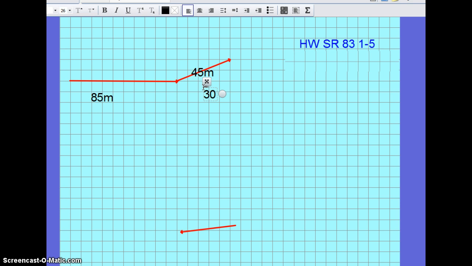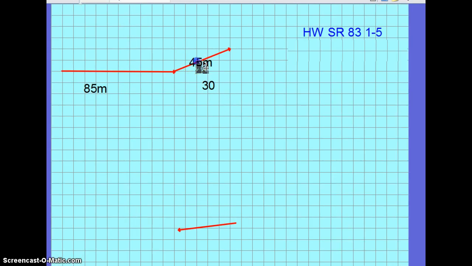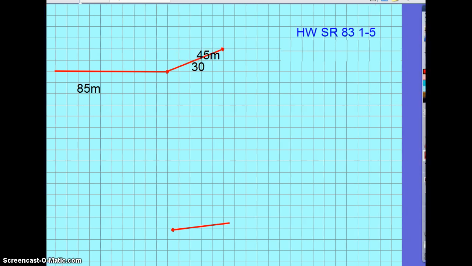We'll just leave the degree symbol off because it's hard to do real quick. So that's 45 meters. That's our 30-degree angle right there. I'm going to situate that right there for space. The end goal of this question is to figure out this blue vector that I'm drawing right here. Overall, what is the displacement of the roller coaster car?